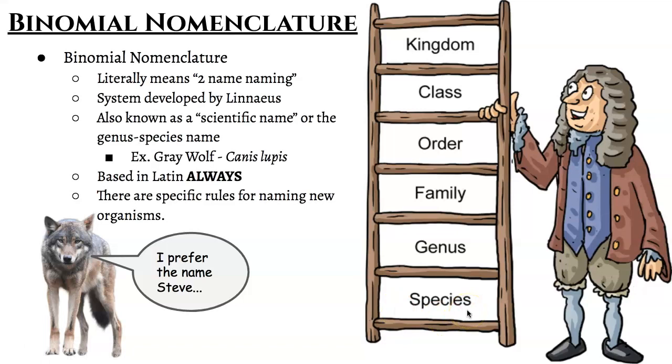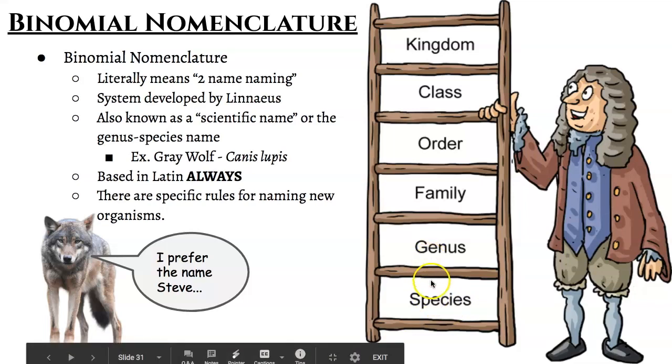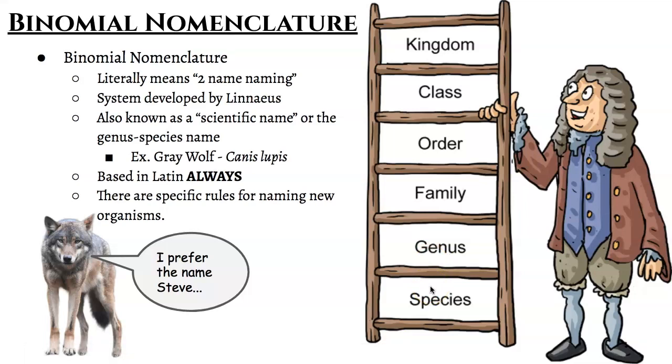Another way that you can think of this is like your name. We have binomial nomenclature. Some of us maybe even trinomial, where we have a middle name. But for example, my name is Eric Eversole. Eric is my first name, Eversole is my last name. And when we're talking about binomial nomenclature or scientific names of animals, if Eric Eversole was my scientific name, Eversole would be my genus.